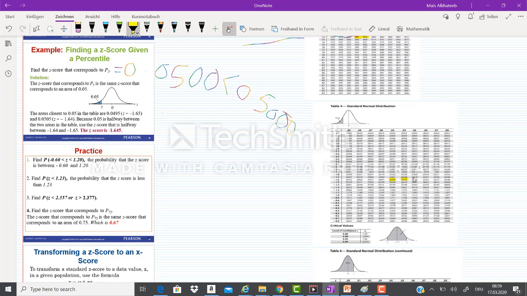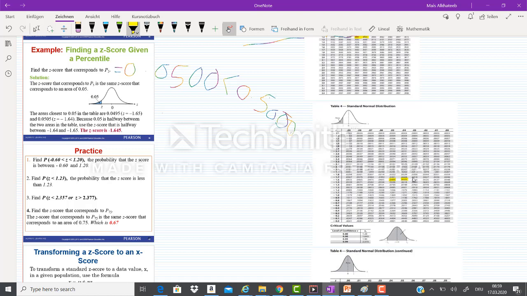So I find two values, 0.0505 and 0.0495, and 0.0500 lies between these two values. One value is 5 bigger and the other value is 5 smaller.